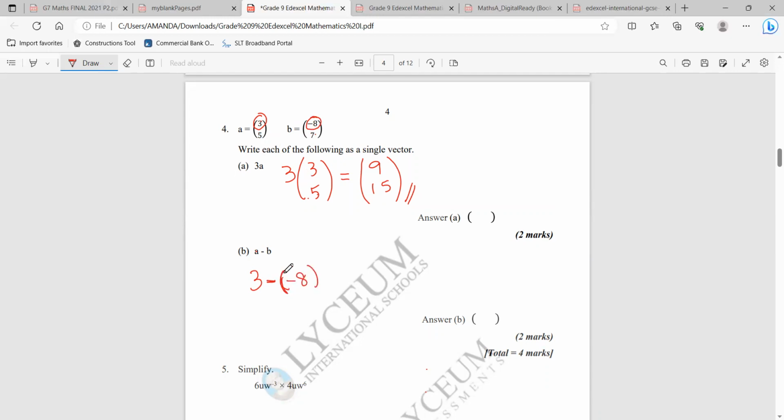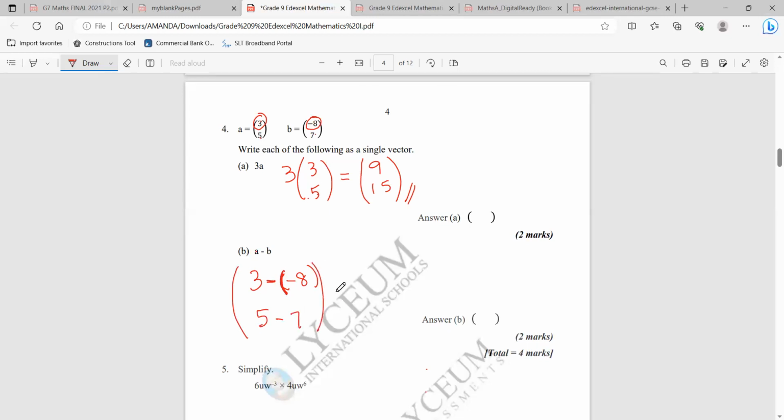See, I have put negative 8 inside this bracket, and then from there I'm looking at the second element. The second element is 5 in A, minus, because it's A minus B, minus 7.